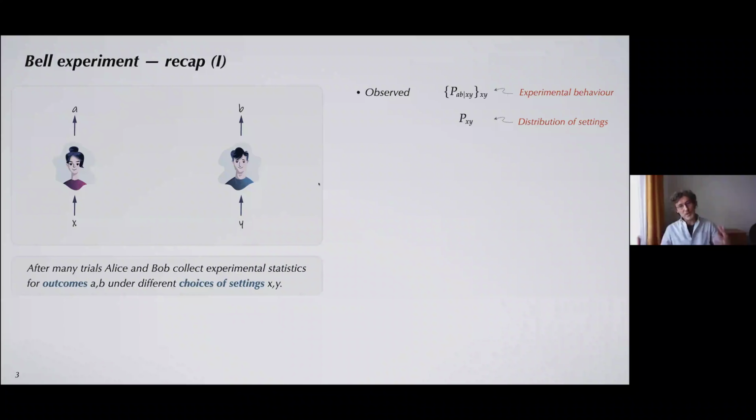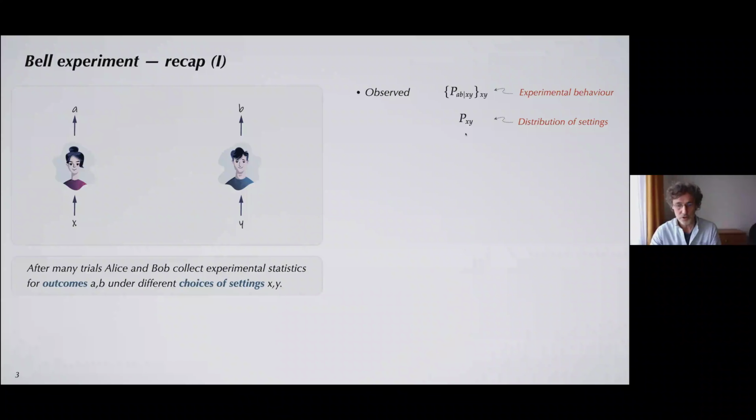They repeat those experiments many times for different choices, and they collect statistics. This statistics will be called experimental behaviors. It is the probability of obtaining outcomes A, B, given a choice of settings X, Y. There's also another component in the story because I'll be speaking about free choice: a probability distribution of the settings which they choose.